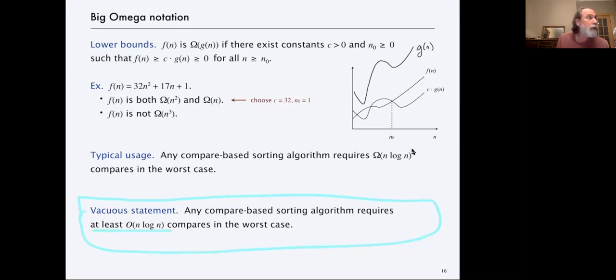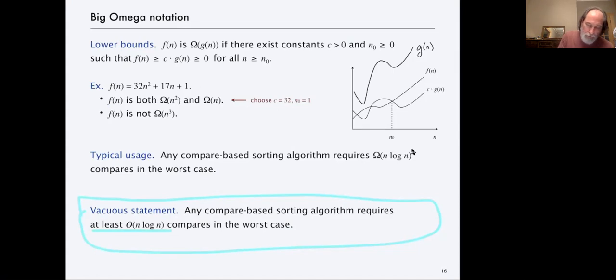Or sequential search requires at least big O of n. Or something harder, linear programming requires at least big O of n to the 3. All these are meaningless statements mathematically. We usually know what the person means, but they're mathematically meaningless.